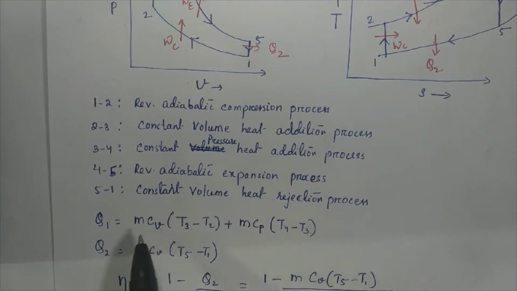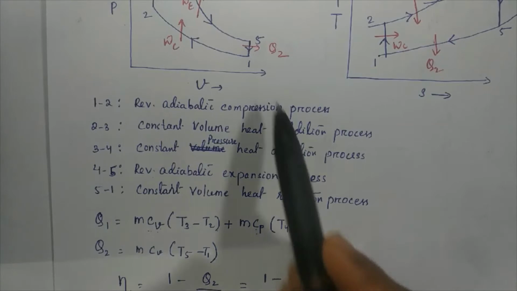Here we consider the specific heat at constant volume because this is a constant volume process, and here we consider the specific heat at constant pressure, because it is the heat added during the constant pressure process.